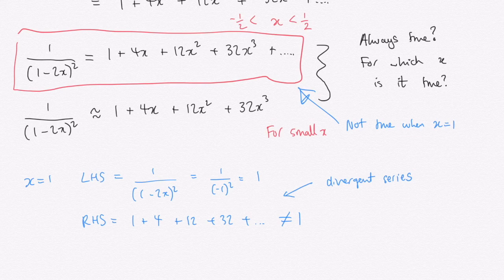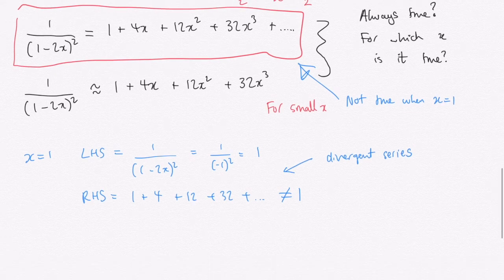But let's take something that is between negative a half and a half. So let's take x equal to a quarter. Then the left-hand side is equal to 1 over (1 minus 2 times a quarter) all squared. 2 times a quarter is a half, so 1 minus a half is a half, and 1 over a half squared is equal to 4.